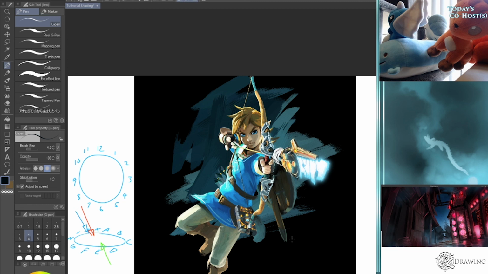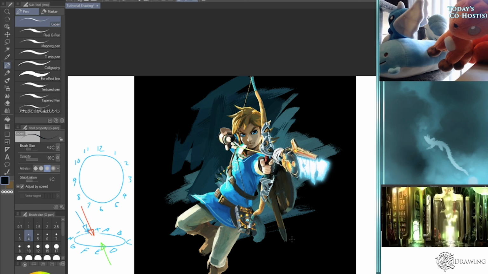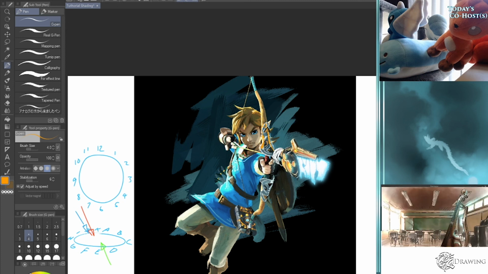Can you guys find any specular highlights? Can you see any objects on Link that should be shining a little bit more than, say, his clothes? The metal of the bow, very good. Right here. These shines are specular and depict somewhat that the bow is metallic.